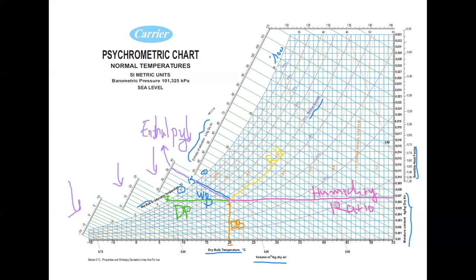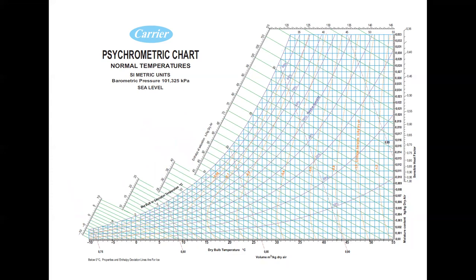Okay, so now let's go and solve an example. Let's say we have a case where the T dry bulb, or general T, is 25 degrees centigrade, and our wet bulb temperature is about 20 degrees centigrade.